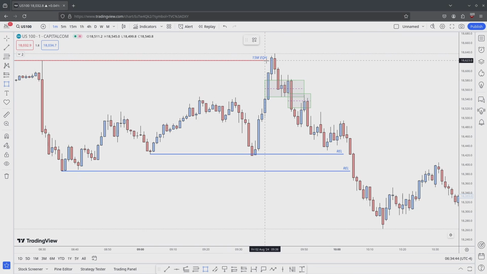Equal highs are taken out. We already had the stops taken. We had the market structure shift. We had the impulse move. We have a clear draw on liquidity still. The target has not yet been hit.